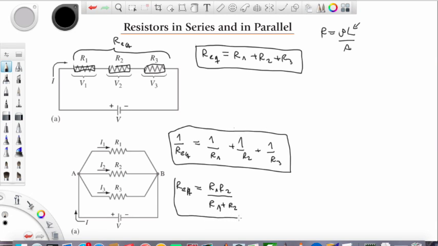A lot of times this is very handy and a quick way to evaluate when there are only two in parallel. This is a pretty simple concept, but I'd like to give you a word of caution.